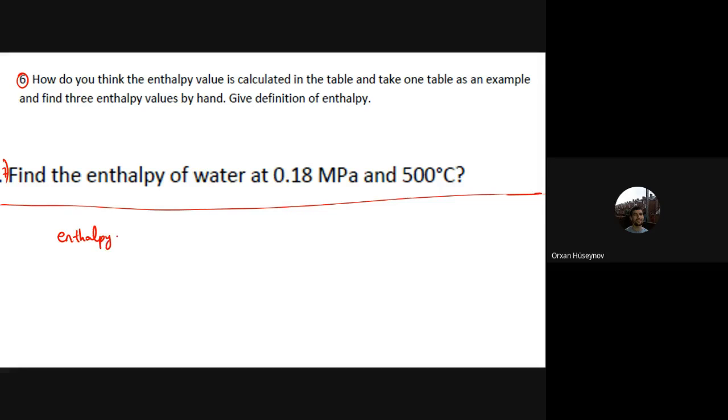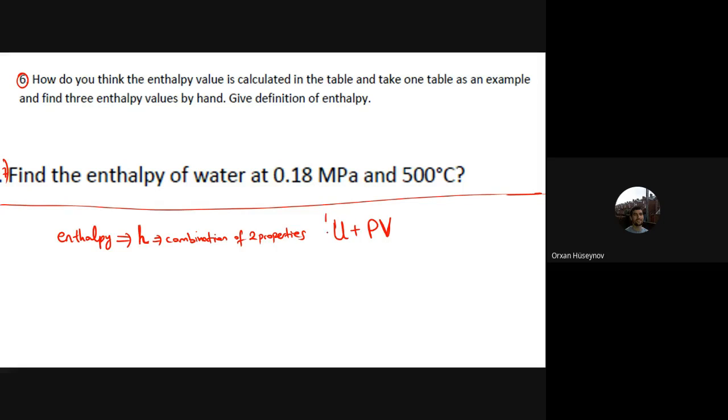When we say enthalpy, we denote it with the letter H, and it is a combination property. That means it is a combination of two properties: one is the internal energy, U, and the other is the pressure times the volume.